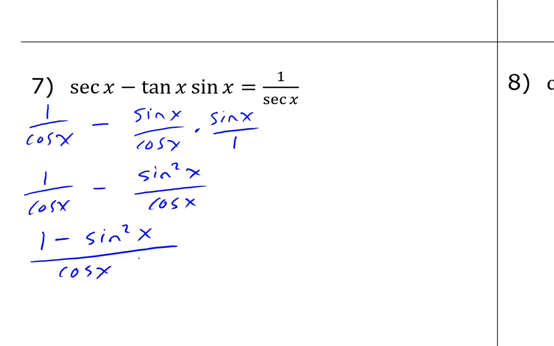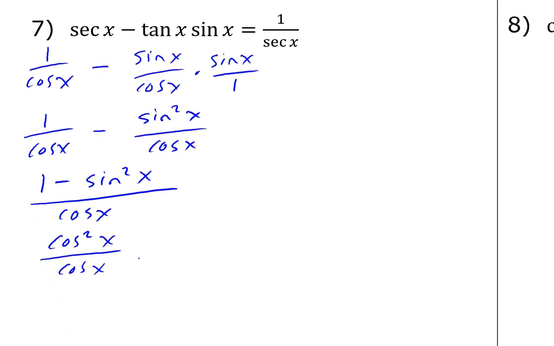So I should be able to substitute this numerator for cosine squared x. So now I have cosine squared x over cosine x. Now the cosine in the denominator will cancel out one of the cosines in the numerator, and that will just leave cosine x.